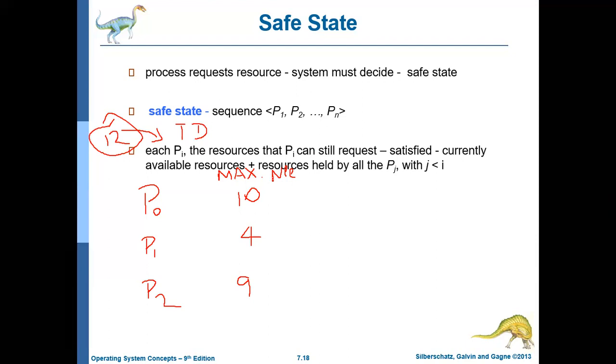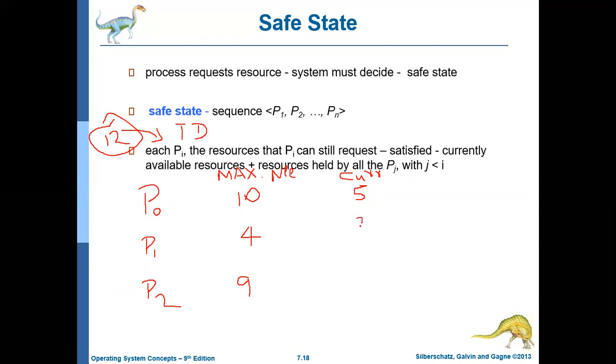So this is the maximum need. Now, currently how many are allotted to each process? Say currently 5 tape drives are allotted to P0; it may need another 5.